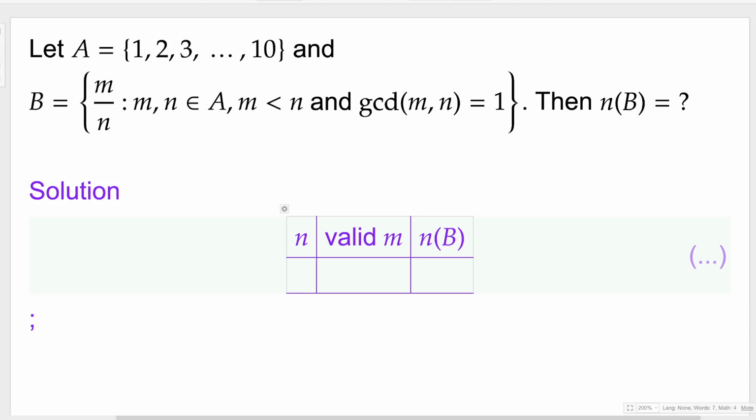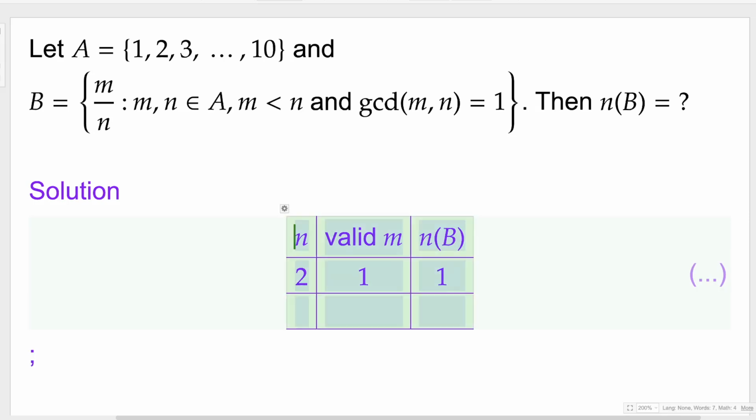First, if I consider 1 for n, I will not be able to take 1 for m, because m must be strictly less than n. So for n I will start with 2. In that case the only possible value for m would be 1, and the count is 1.